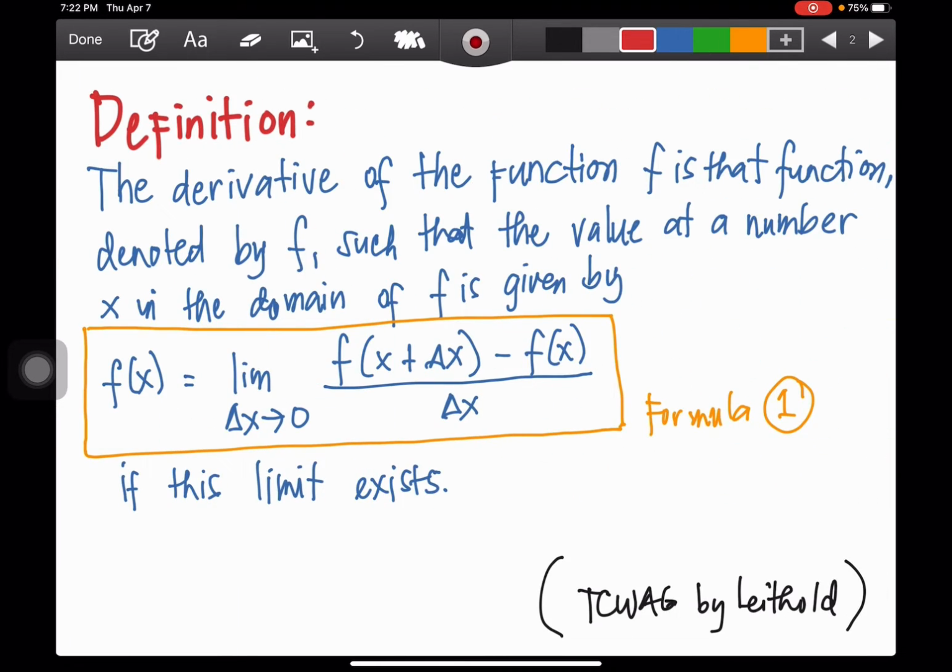Here is a definition taken from the book of Leithold entitled The Calculus with Analytic Geometry. The definition goes this way.